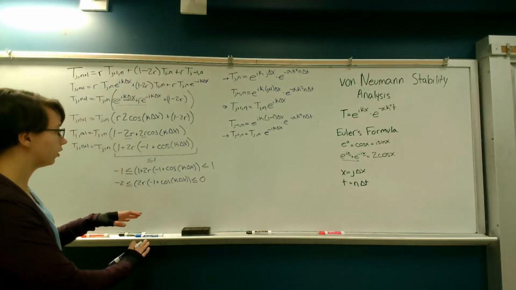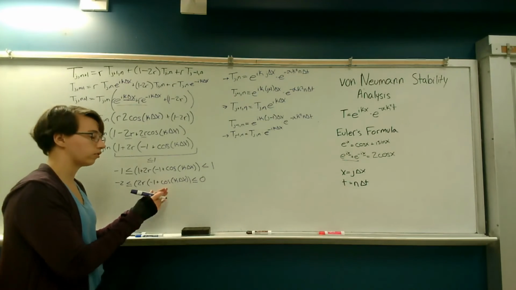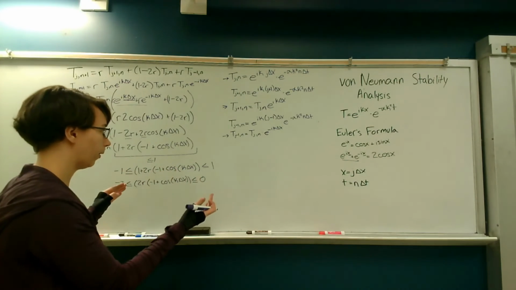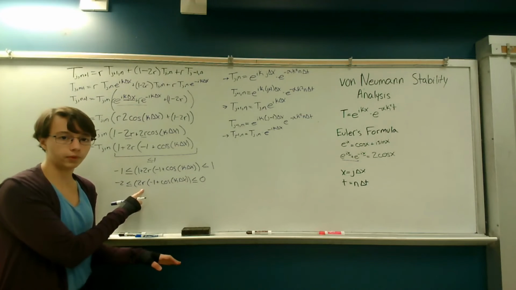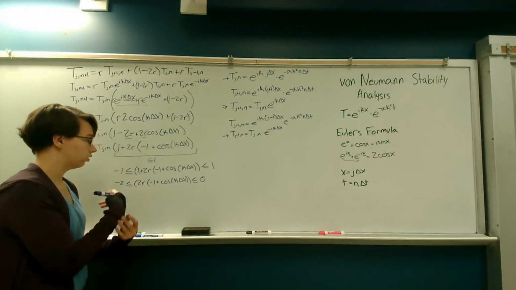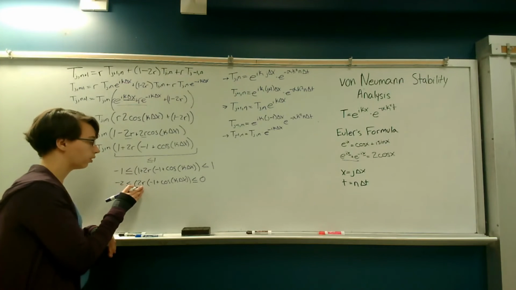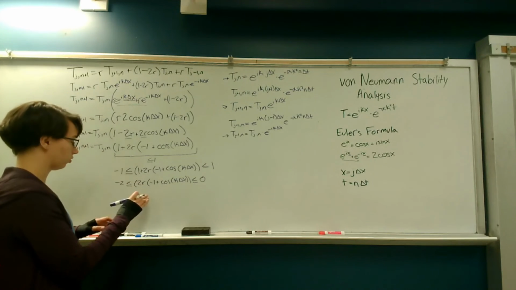Alright, so now we can look at this. We know cosine is always going to be between negative 1 and positive 1. And so we also know that r is always going to be positive, just based on the components of r. Everything's always going to be positive.